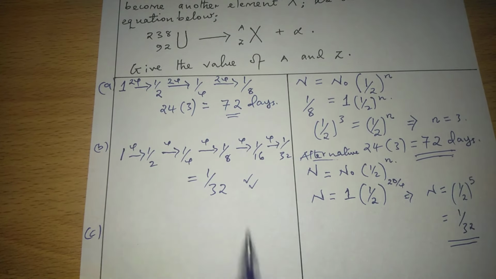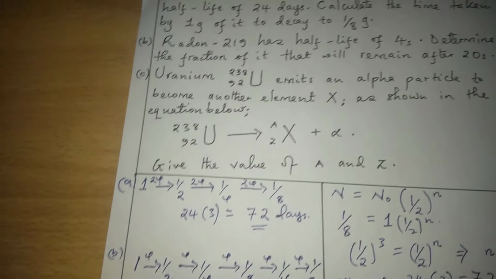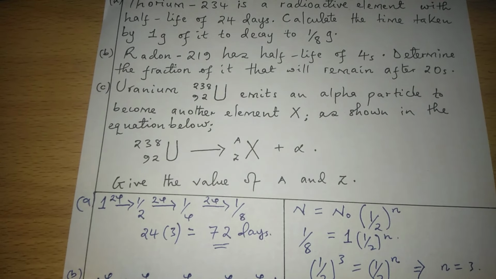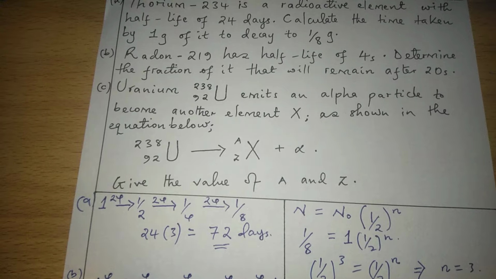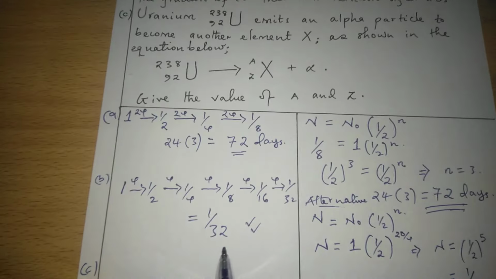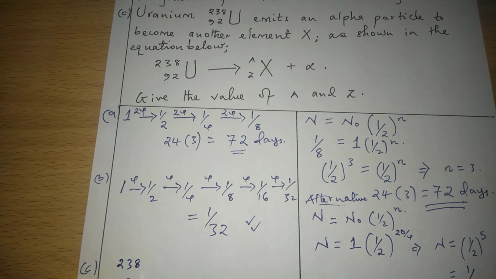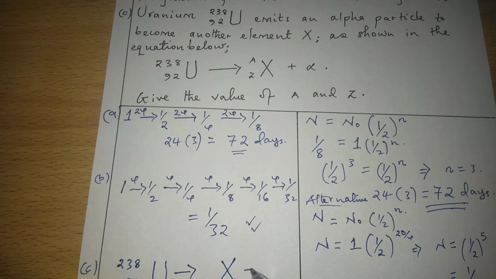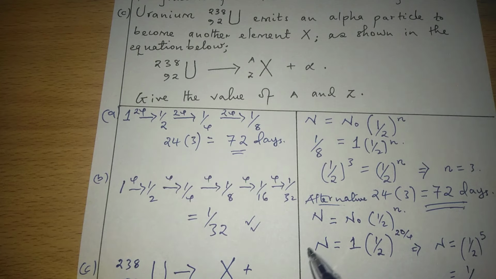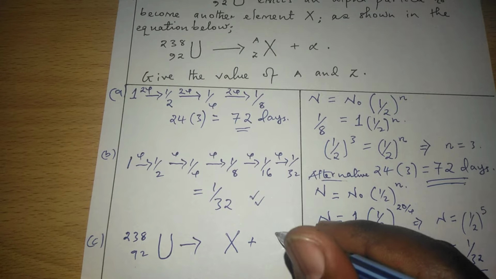Finally, we have part C, which says that uranium-238 (atomic number 92) emits an alpha particle. What we should understand here is what it takes to emit an alpha particle. For uranium-238 to become X, it is losing an alpha particle, and an alpha particle is a helium particle.